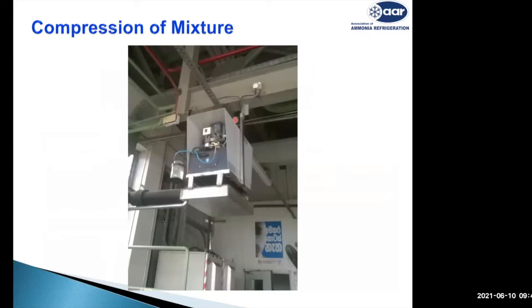You can see this is a typical compressor mix purger with a compressor installed above the condenser. The piping is connected such that it is connected to the receiver, and you can see here a water bubbler in which the air is being drained.